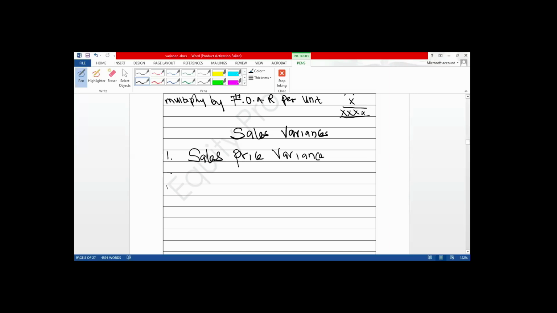To calculate this: actual selling price minus standard selling price.